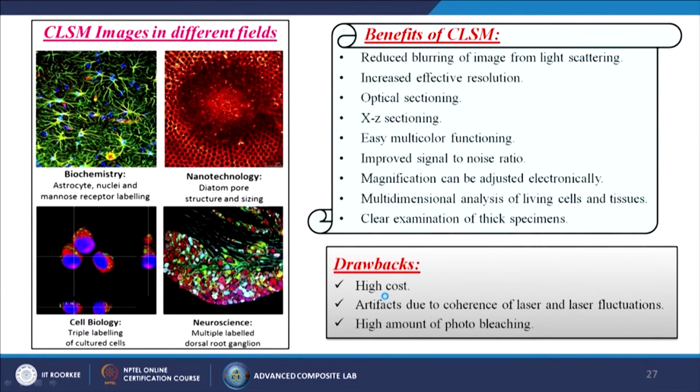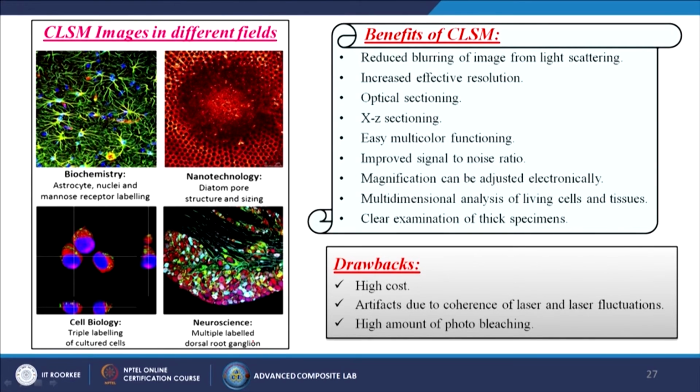We are going to show you several types of CLSM images in different fields: in biochemistry, astrocyte, nuclei and mannose receptor labeling; for nanotechnology, diatom pore structure and sizing; for cell biology, triple labeling of cultured cells; and in neuroscience, multiple labeled dorsal root ganglion.